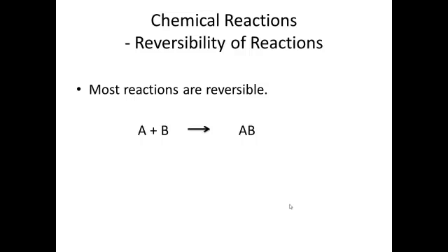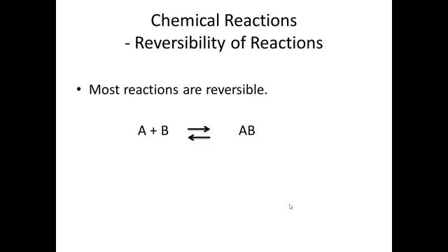So, say for example, that with molecule A and B, when we put them together to make AB, we can turn around and move it back. Most chemical reactions in cells are reversible. Inorganic reactions, usually they're not reversible, not unless you put a whole lot of energy into it.